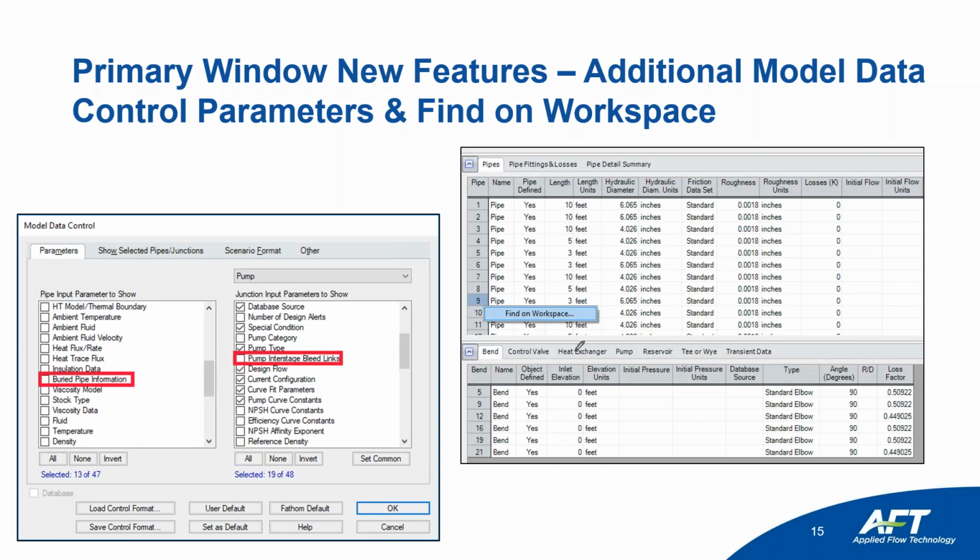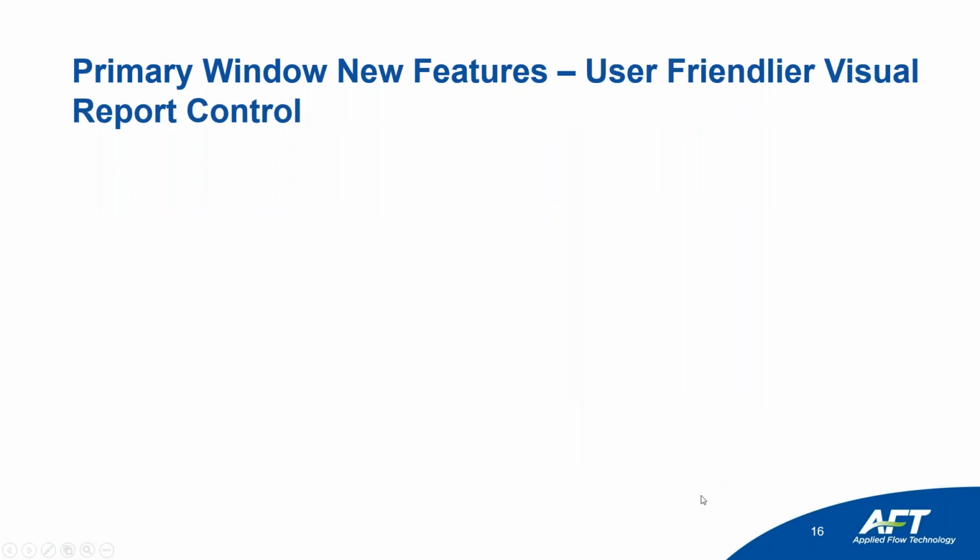Other things that you can do is if you are in the model data window, you can right click on a row just like this, and if you click on Find on Workspace, it'll take you to that particular object on the workspace itself. And so in one of my later models I might be able to show you what that looks like. So those are some new features that are available in the model data window.